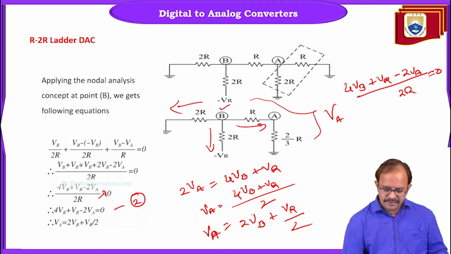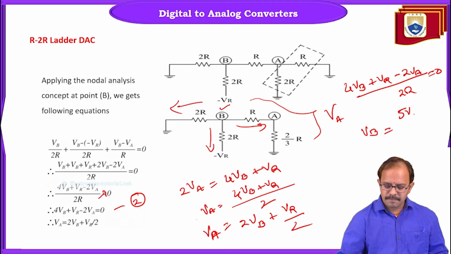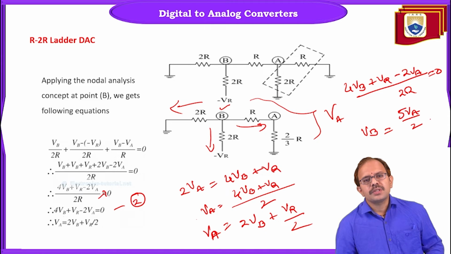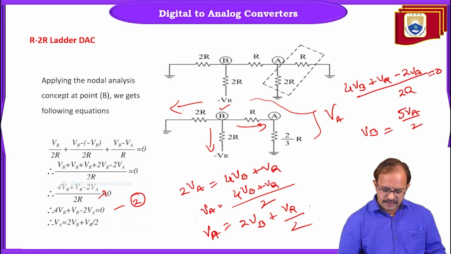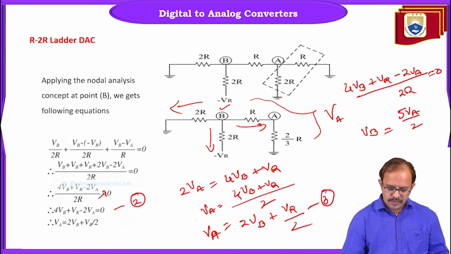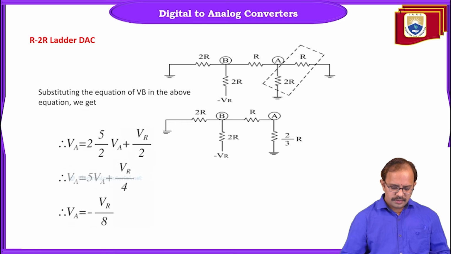And we already defined VB. What is VB? VB equals 5 VA by 2. Let us substitute this expression in this third one. Let us say this is the equation number 3. So we have VA equals 2 VB plus VR by 2. So let us substitute it.